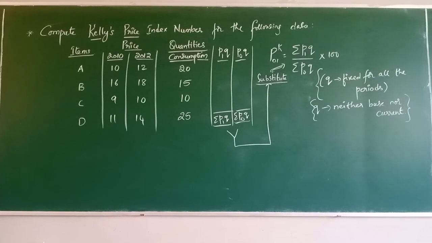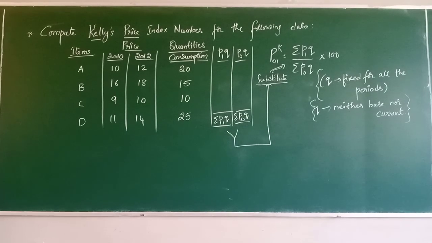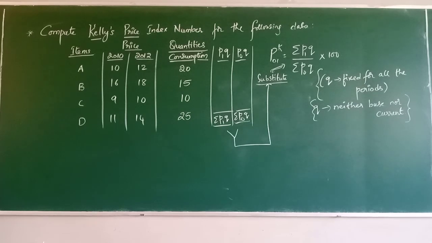That's why you see that neither base nor current Q is taken, unlike Laspeyres where Q0 and Paasche's where Q1 we have taken as weights. Here in Kelly's, just Q. What does Q mean? Q is fixed for the base as well as current periods. Clear?